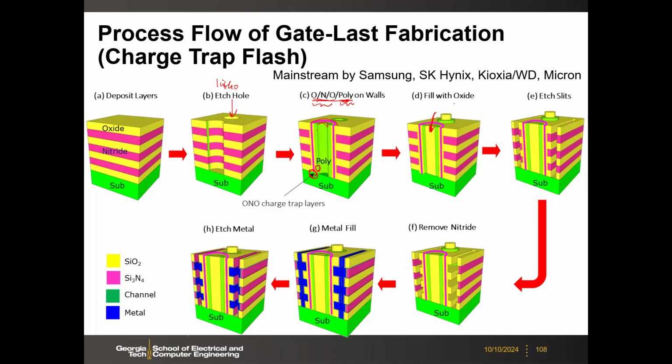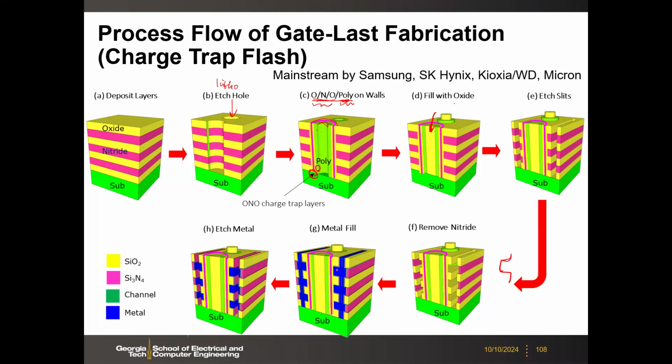And then here you may etch the slits, to decouple the word lines. And then here is the replacement gate, the gate-last flow. Okay, you are going to remove the nitride, which is this pink one here. You have an undercut structure like this. You remove this, and then refill the metal.